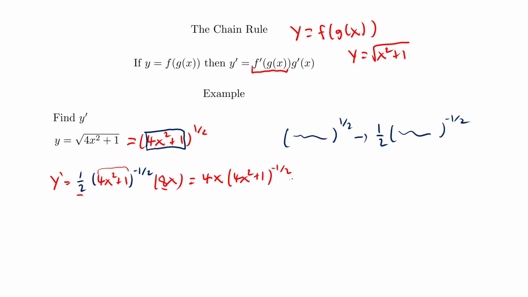And then if we also want to convert back into square root form, we can write it like this. Remember that when we have something to the negative 1/2, that goes in the denominator, and anything to the 1/2 power will be a square root.